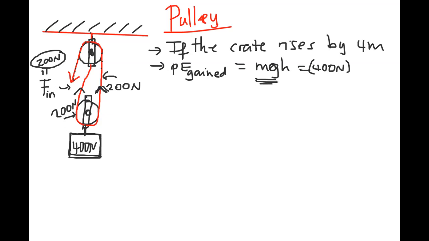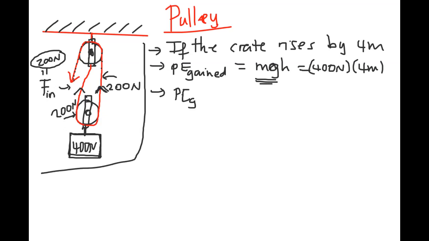Mg is the weight and the height is 4 meters. In this problem, let's write this, the potential energy gain is going to be 1600 joules of energy.